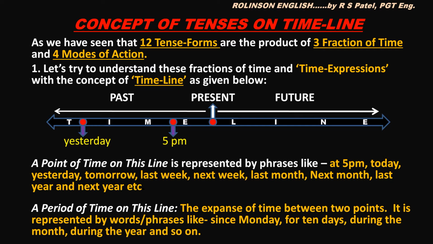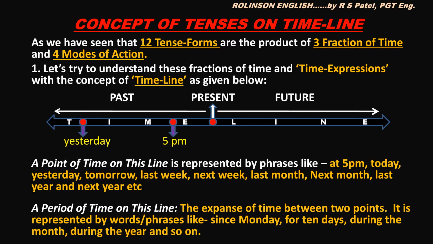Let us see, a point of time on this line is represented by phrases like at 5 p.m., today, yesterday, tomorrow, last week, next week, last month, last year and next year, and so on. All these are the points of time.